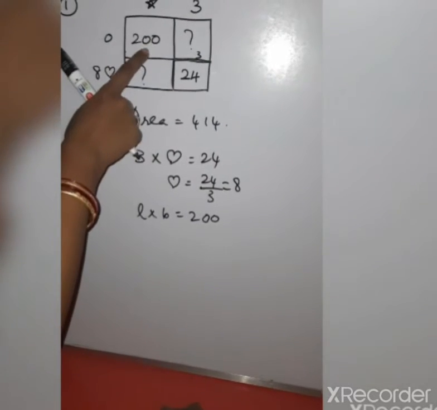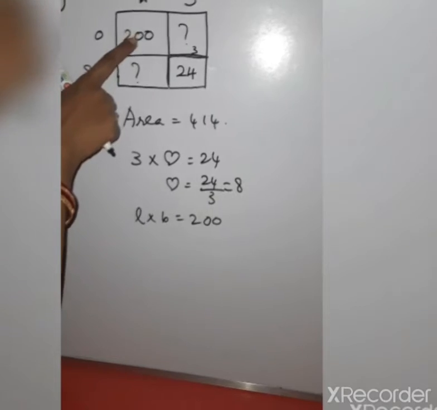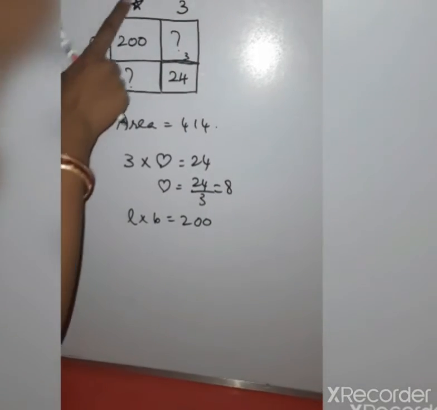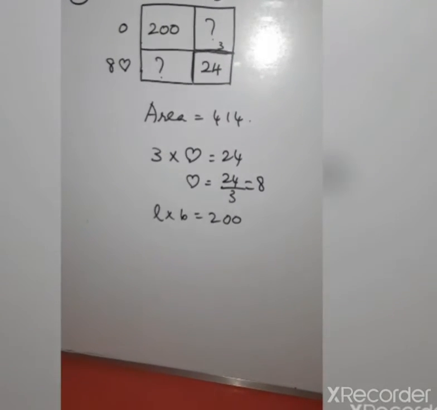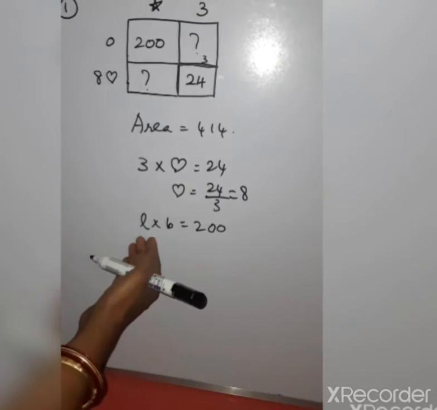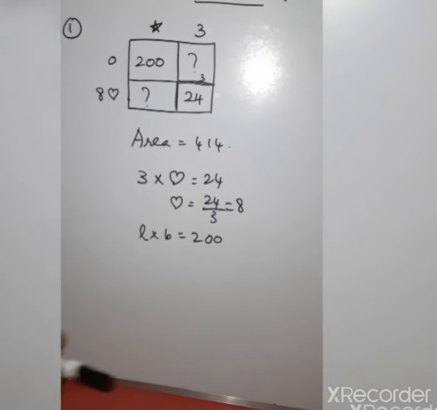Now the other area we know, that is 200. So for this let us consider the length and breadth as circle and star. We don't know both the values, so you can guess the factors of 200, which give you the length and breadth.